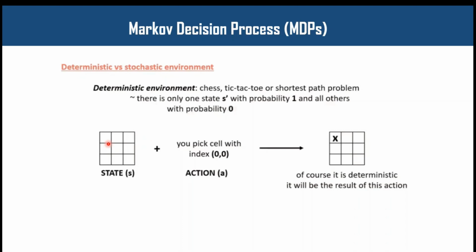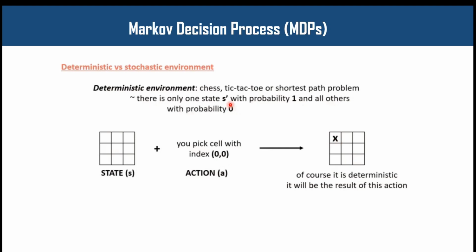When you pick a cell here, that is 0,0, that is called an action. When you have a state and you take an action, definitely you will reach that state, isn't it? When you take action to a particular cell, then you will reach that state. That is called the deterministic approach.